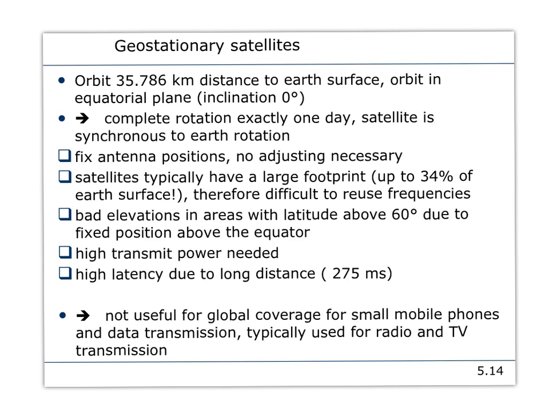And that's why it's usually used for TV broadcast, because as we said, TV is one way. You don't have to have bidirectional communication. So for broadcast, you don't have to worry so much about the latency, right?